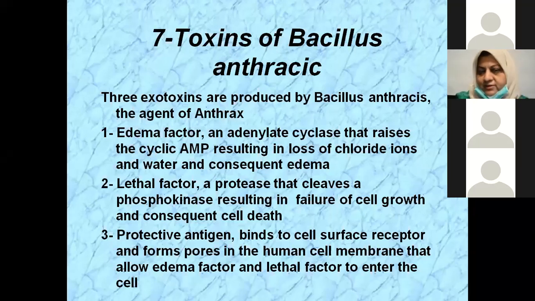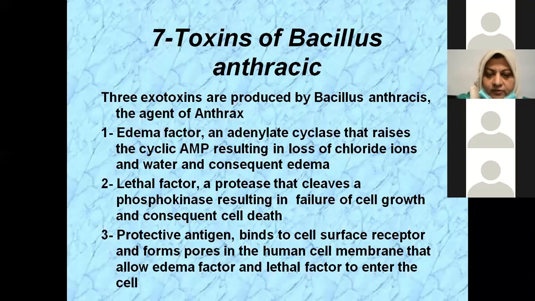Bacillus anthracis. Anthrax, I don't know, you must be very young when anthrax was very popular in newspapers as a biowarfare weapon after 9/11. So anthrax causes an infection which causes lesions in the skin, and it can be inhaled also.